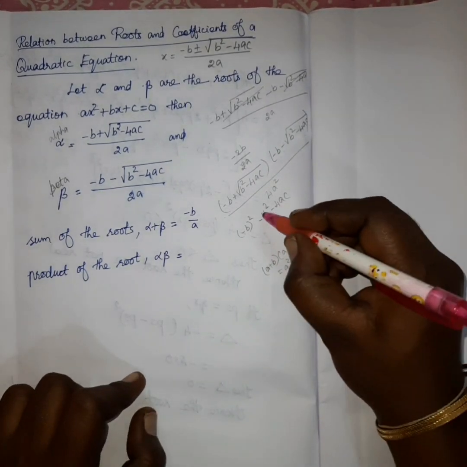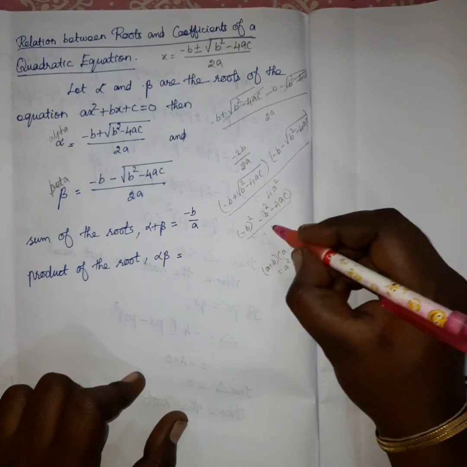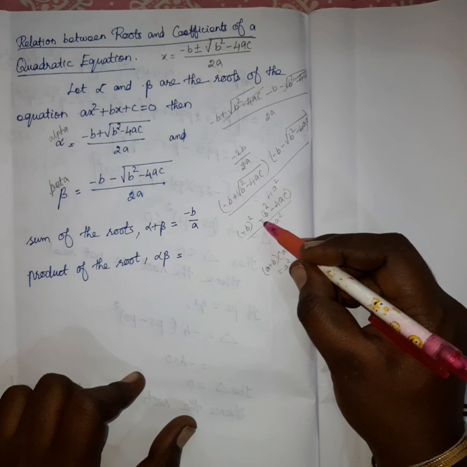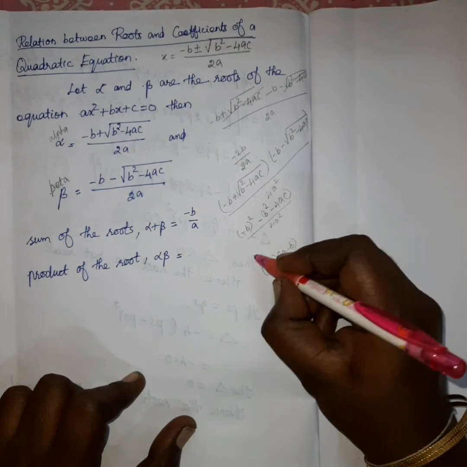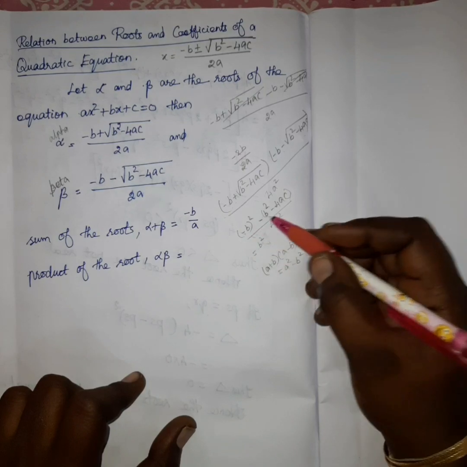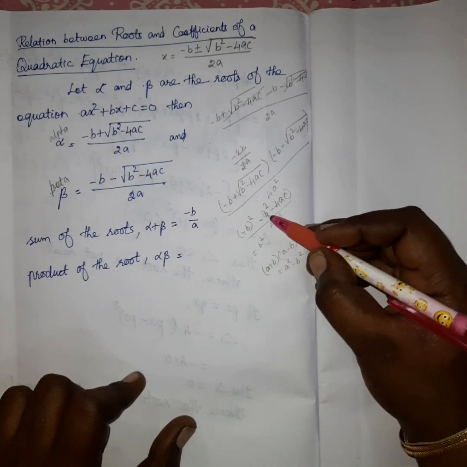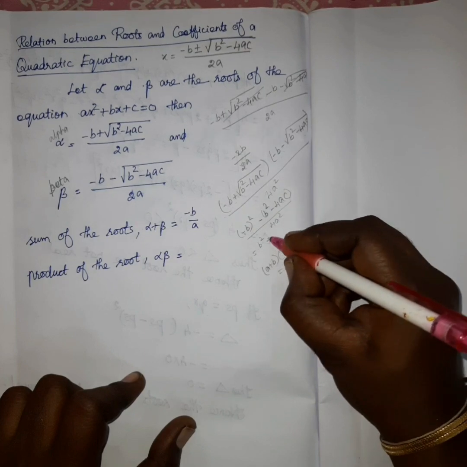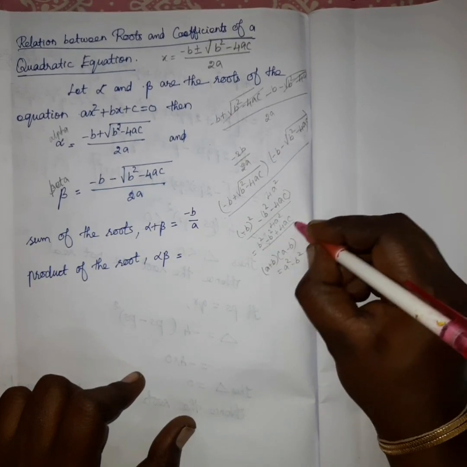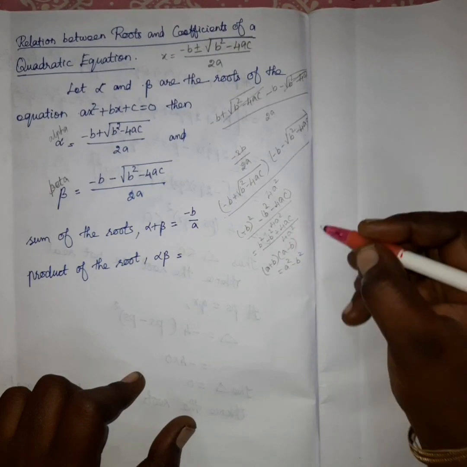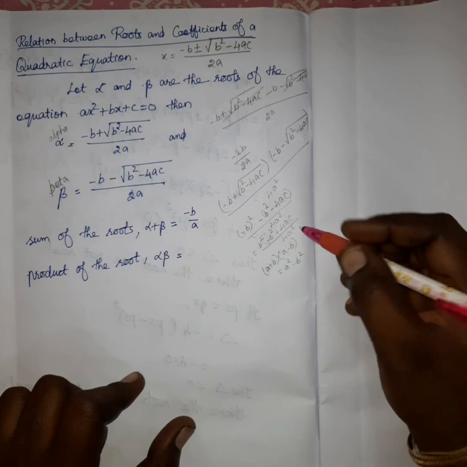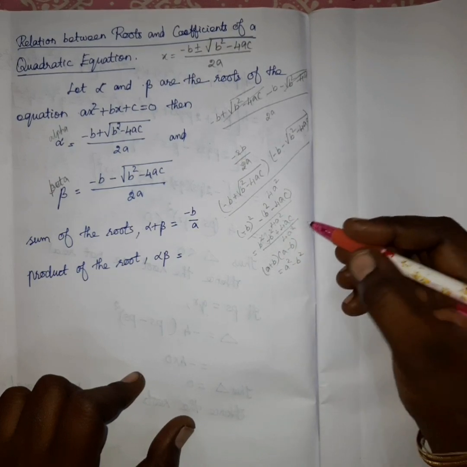Here we have the bracket also, divided by 4a square. Now minus b the whole square is b square. Minus into minus is plus, so b square minus, multiplying the minus inside, minus b square plus 4ac, divided by 4a square. So plus b square and minus b square cancel.